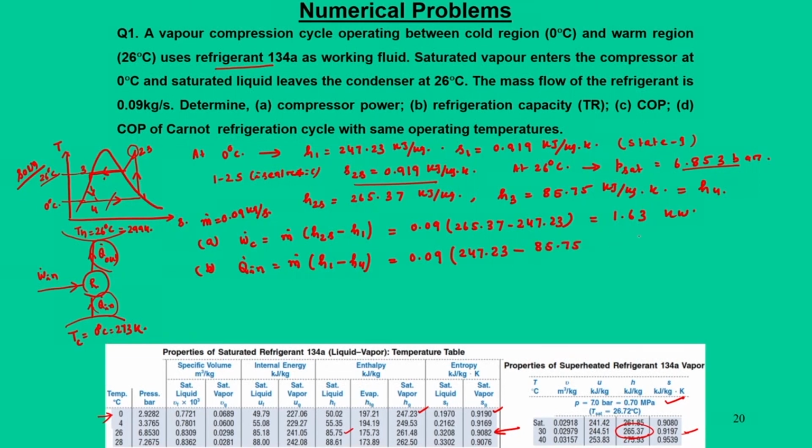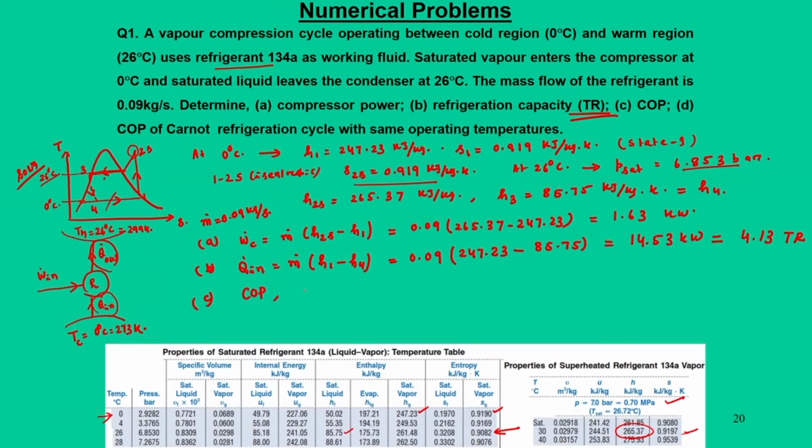So, this is 14.53 kilowatt. Now, when you divide it by 3.52, this will be 4.13 ton, because it is required in ton.